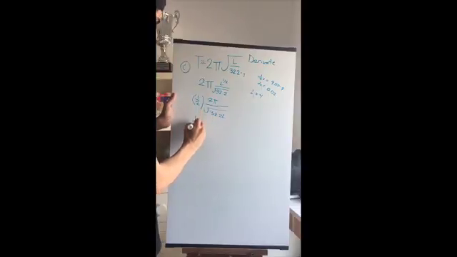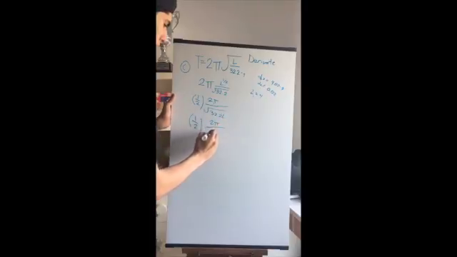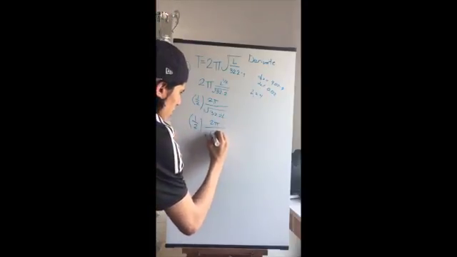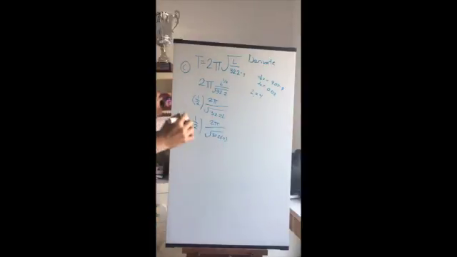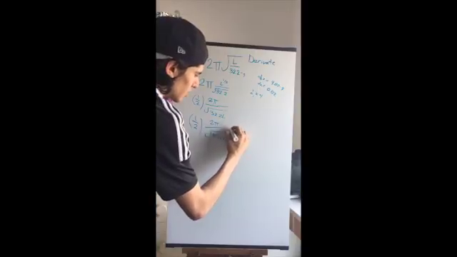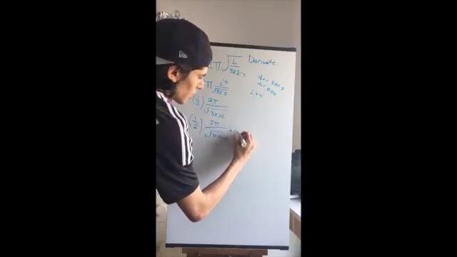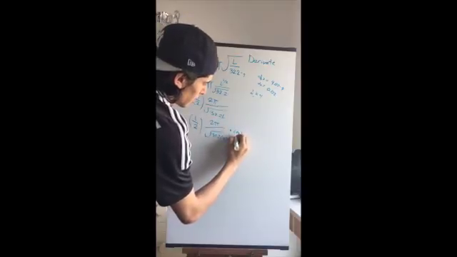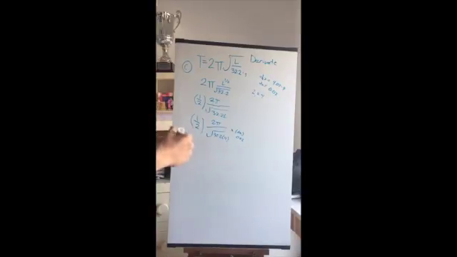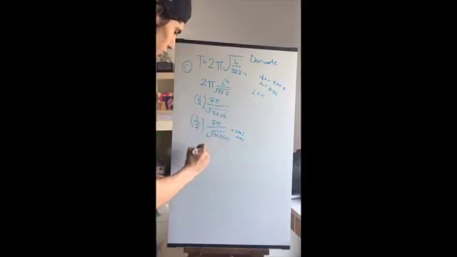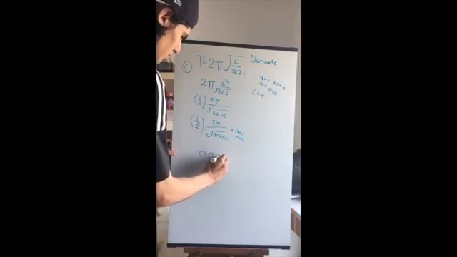So we're going to have 1/2, 2 pi over 32.2 times 4. Now all that times dx, and dx we know is 0.02. Now when we put that in the calculator, it should give us 0.005%.